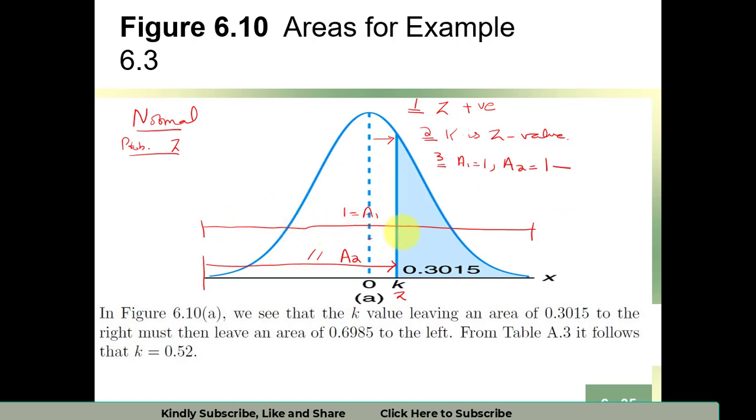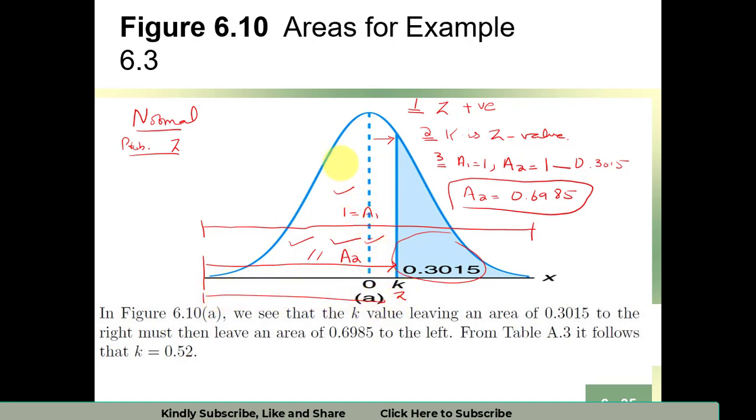Again, you see the large one is 1 and this portion is 0.3015, and when we subtract this region from the large region, we ultimately get this region. So A2 will be equal to 0.6985. What this value tells us is the probability of the region from the starting left point to this point.